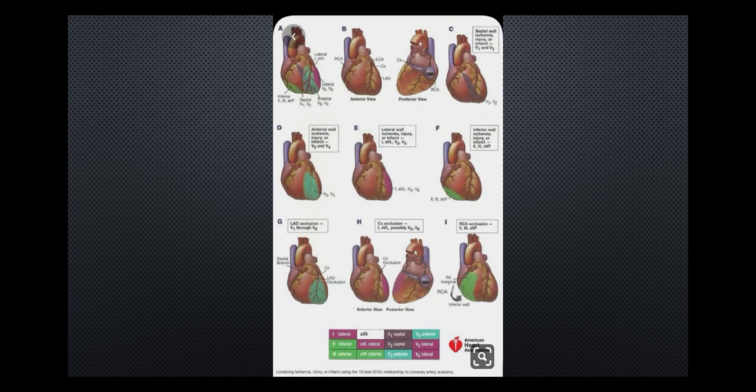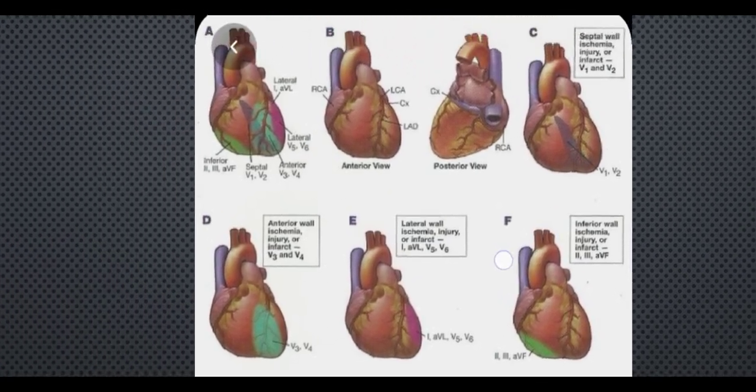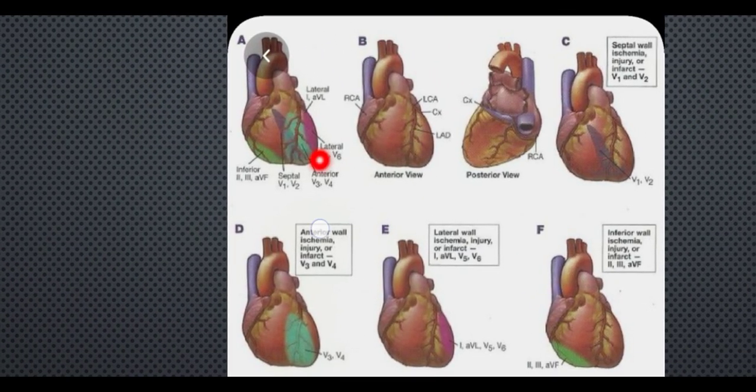Now here we have an interesting picture that shows where the waves will manifest when a part of the heart is damaged or ischemic. This is the area involved, the anterior part, the left anterior descending artery.